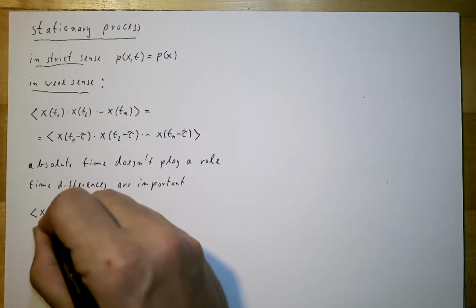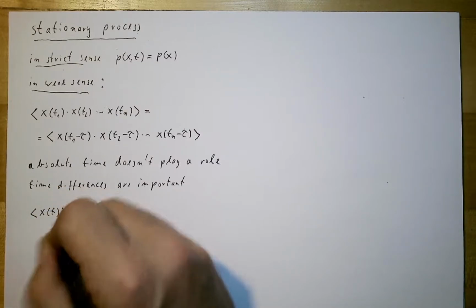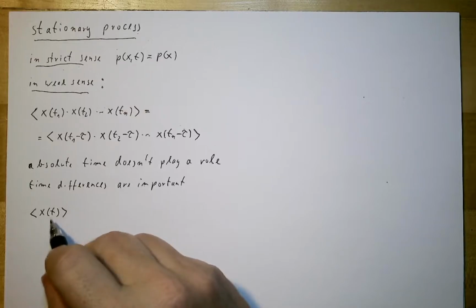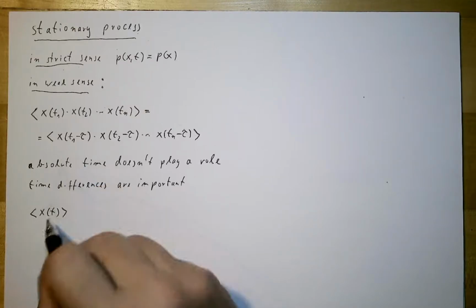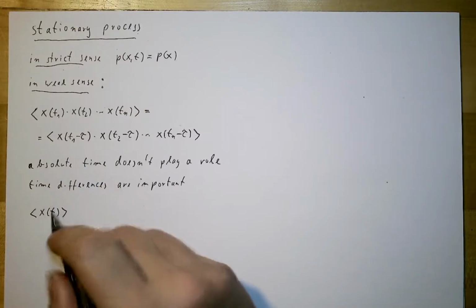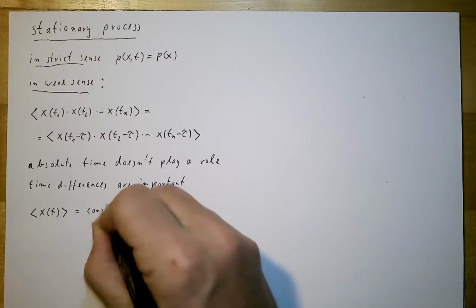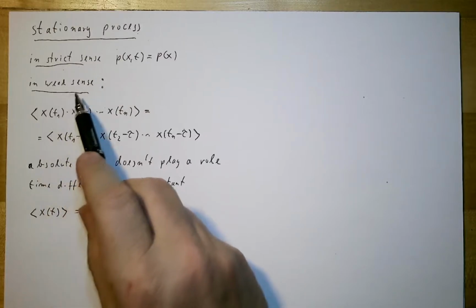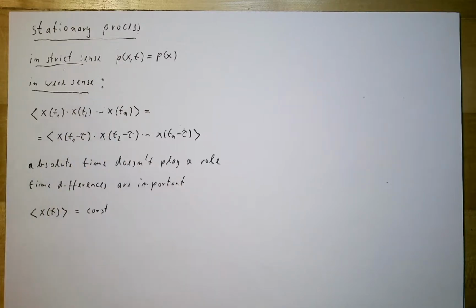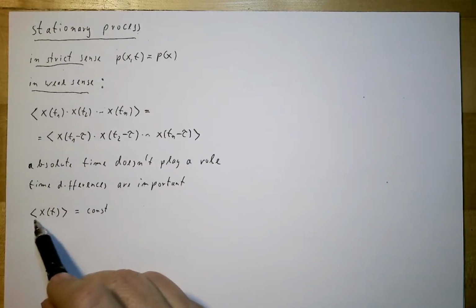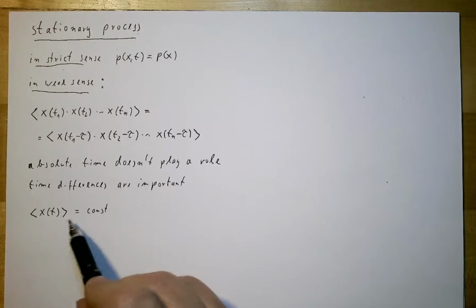What's the expectation of x? And so now if you can shift the time as whatever we want, this means this is actually a constant. So even in a weak stationary process, our mean value does not change in time.